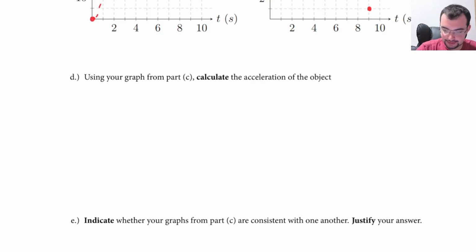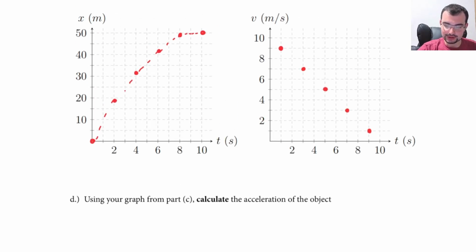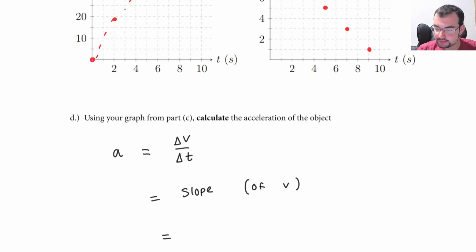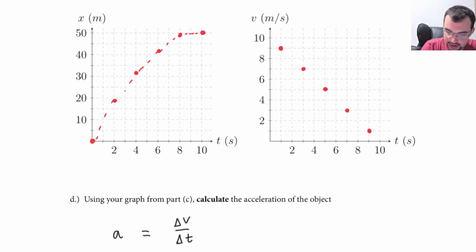Using your graph from part C, calculate the acceleration of the object. Well, we know that a is equal to delta v over delta t, which would be the slope of a velocity graph. So we can just rise over run this.